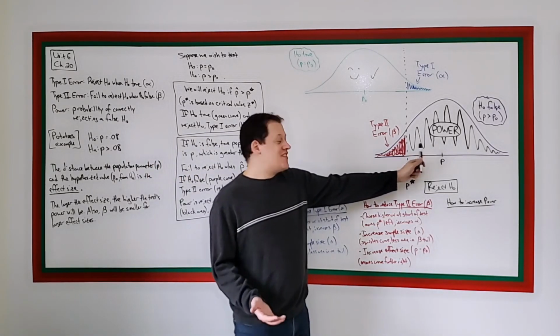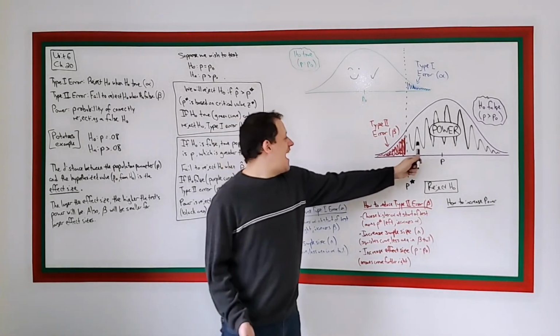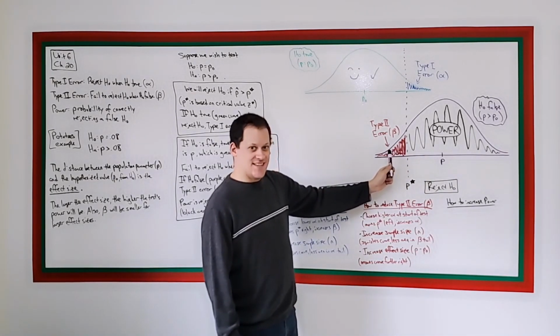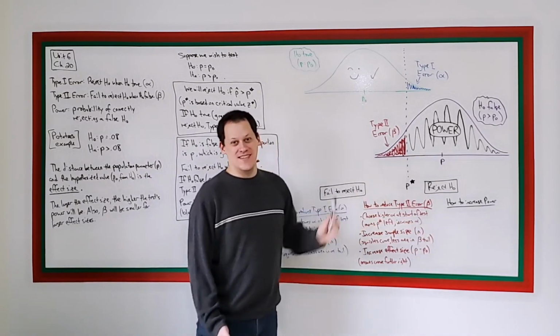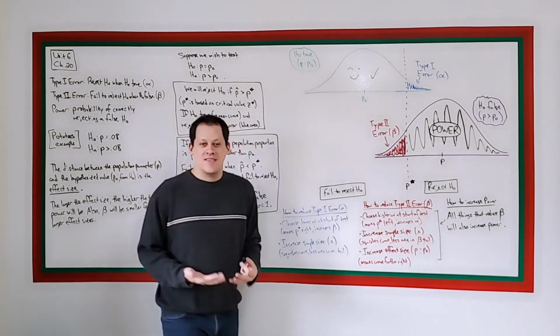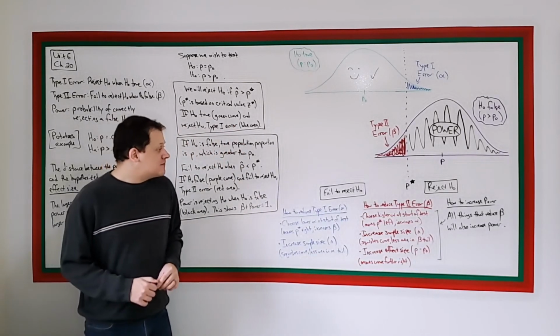It's the same as all the things that reduce the probability of type 2 error. Right? These things have to add up to 1. So if you want to increase this, you got to decrease this. And we already know all the ways to decrease beta. So all the things that reduce the probability of type 2 error will also increase power.